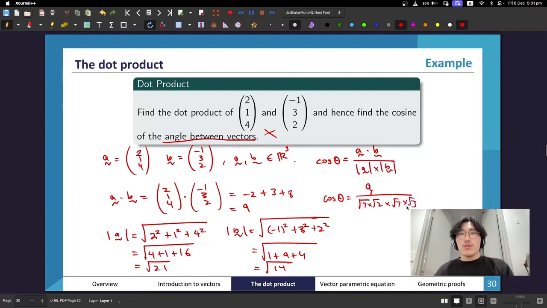I'm just splitting up the surds so it's easy to simplify them. That becomes 9 on 7 root 6, and then you could rationalize it if you want to. In fact, you probably should, but I'm going to be skipping that step just for the sake of time. Okay. If you have any questions about this example we just solved, please leave them in the live chat and I'll be happy to respond.